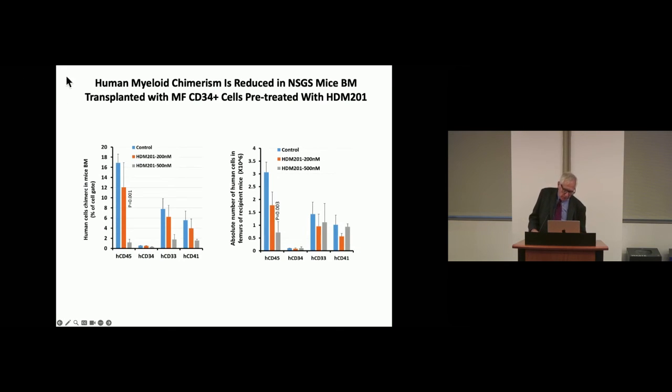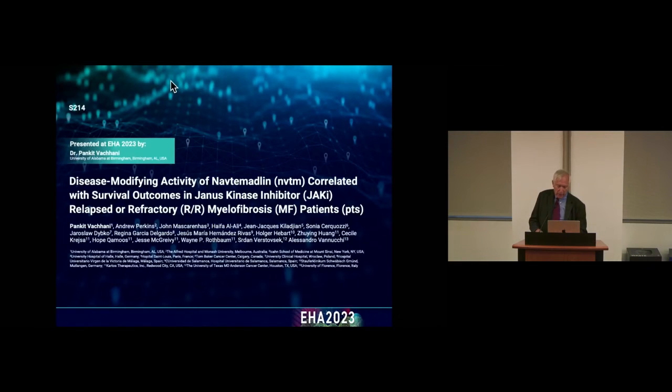And to go to the quick, really the short here, you can see one of these MDM2 inhibitors, which is called HDM201. You can see that in each of the lineages and also in CD34 cells, indeed, when you treat these stem cells from patients with myelofibrosis, it leads to reduced numbers of hematopoietic stem cells.